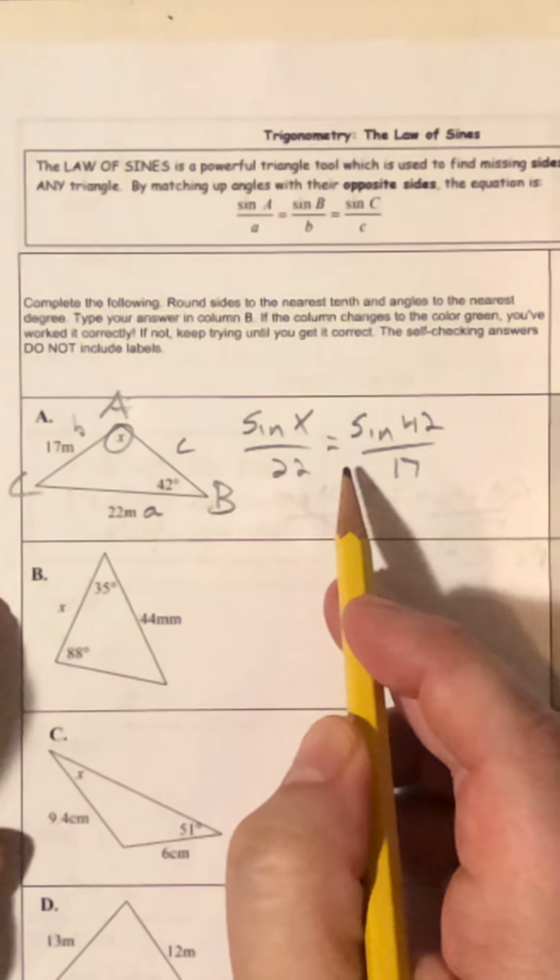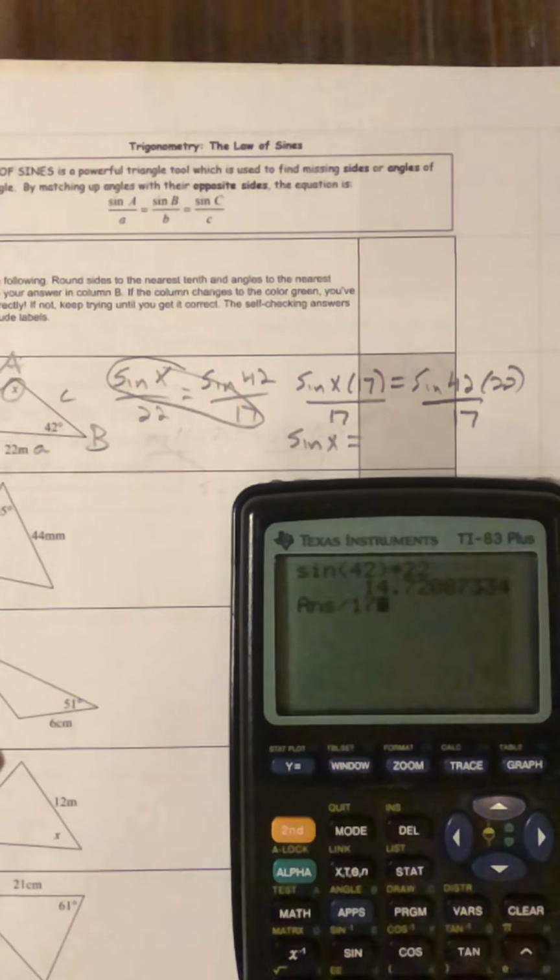I'm going to say sine of 42 times 22, and then I'm going to divide that by 17. So sine of x equals 0.8659. And remember, to find an angle measurement, you have to do the inverse.